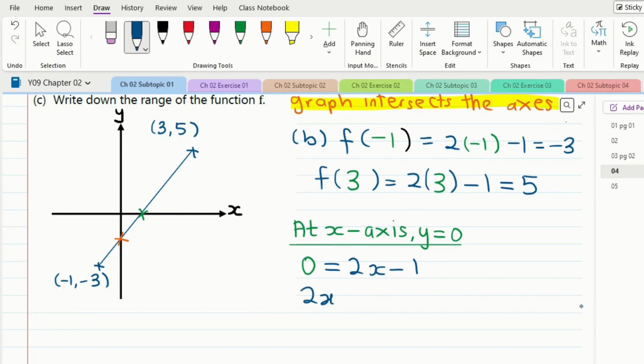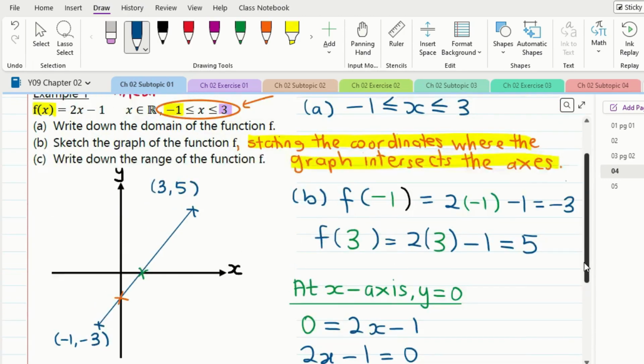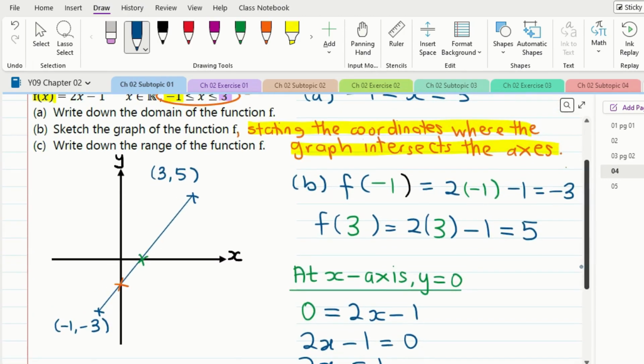So 2x minus 1 equals 0, 2x equals 1, which gives x equals 1/2. So the value on the x-axis is going to be 1/2 or half.